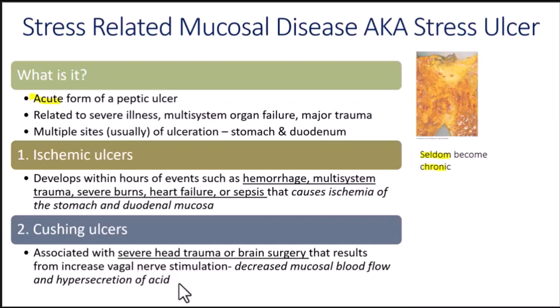And if the vagal nerve becomes overstimulated, what we see is a reduction in mucosal blood flow and a hypersecretion of acid. And that is going to be a very poor combination for mucosal health, as you know. And remember that it's likely that there'll be multiple ulcerations seen, not just one.